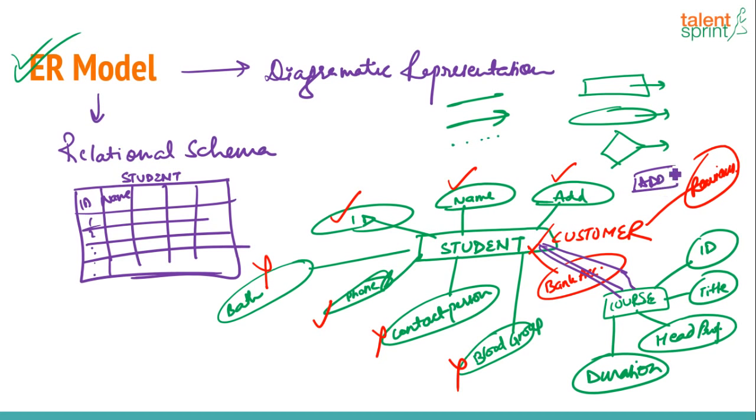So address, then you have PIN, you have city, okay, you have state, all these attributes, and then student joins to this address table. That is also one way of doing it. Instead of putting address as an attribute to student, you can put address as a table and then relate to it. So this diagrammatic representation before you start creating your actual relational schema is known as ER model.